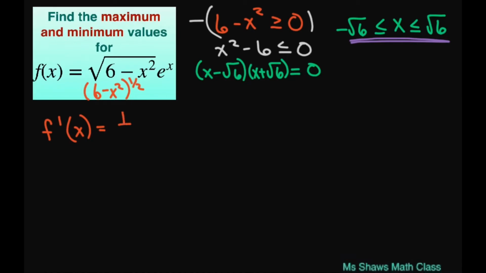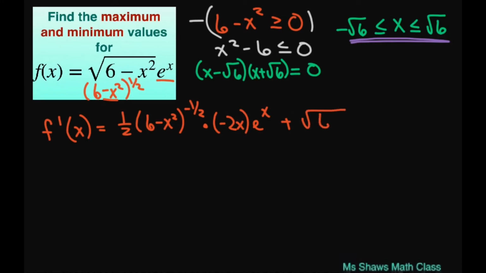So that's going to be 1/2 times 6 minus x squared to the power of negative 1/2 times the derivative of the inner function, which is negative 2x, and multiplied by e to the power of x. Plus, then we're just going to copy down 6 minus x squared times the derivative of e to the x power. Alright, and usually we always have to simplify this.